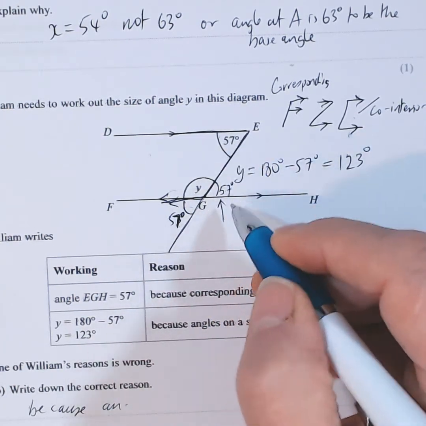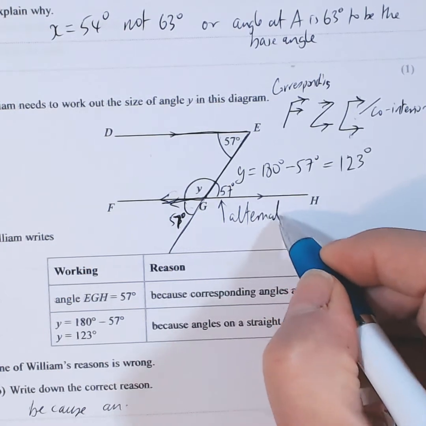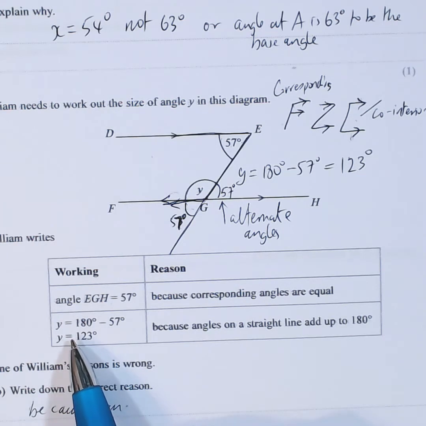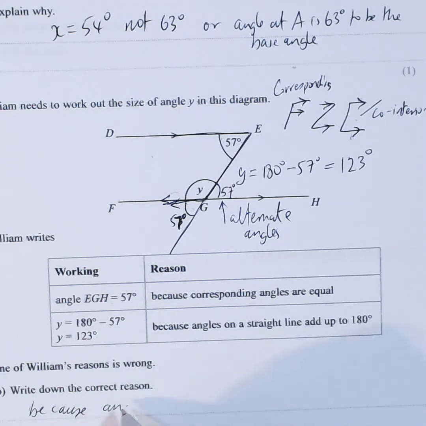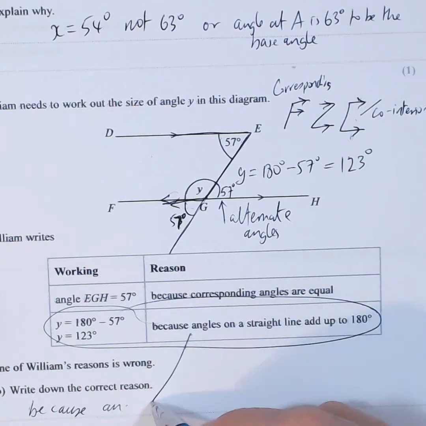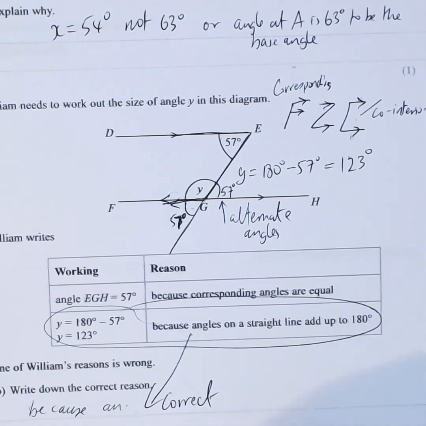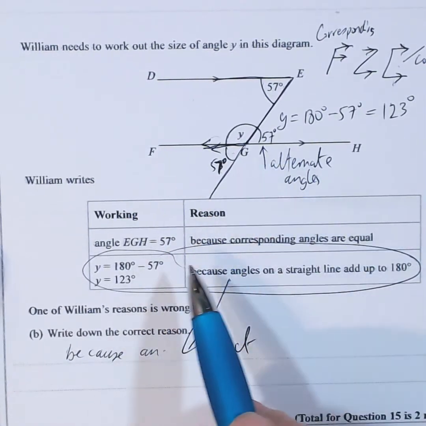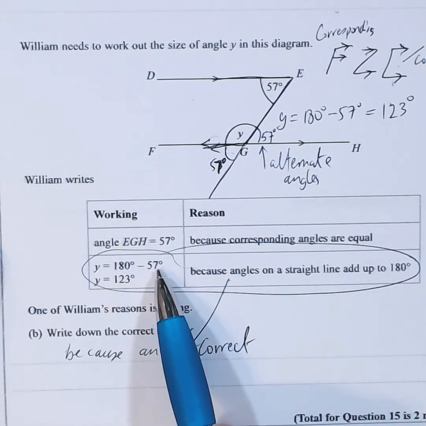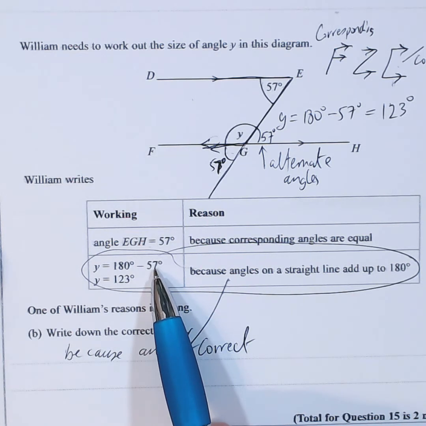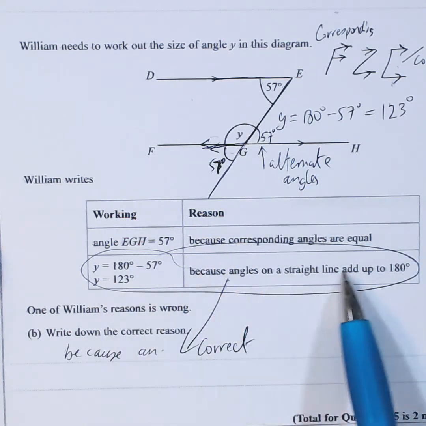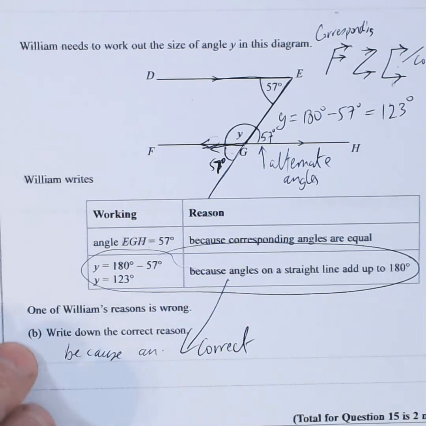Well, yes, that is 57 because it's alternate angles. So that one would be the correct one from this, although technically they should have argued that the 180 minus 57 is because you've got alternate angles are equal, and then you're doing the angles on a straight line out to 180. So lots of ways of thinking about that.